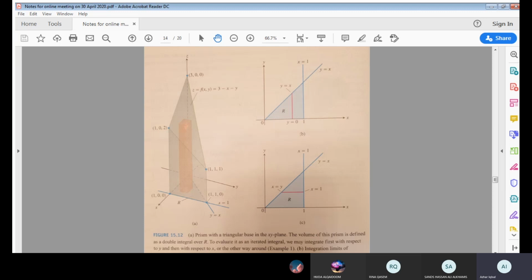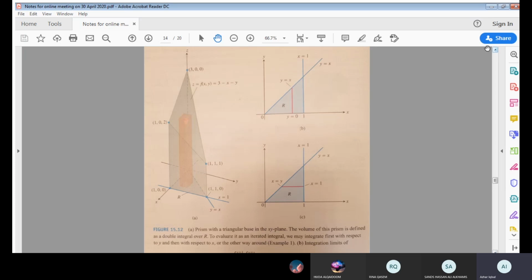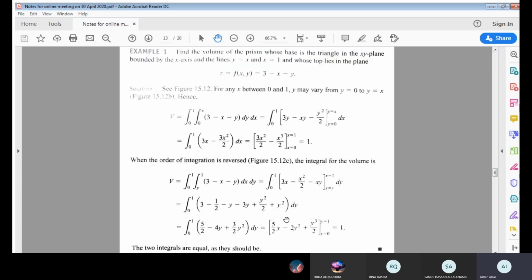The same integral can also be calculated by describing the boundaries of this region differently. In the second part, this is the same function, but now the integration is done first with respect to x, so y is constant.